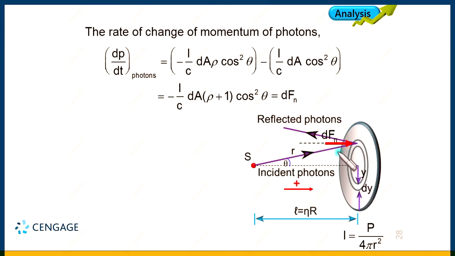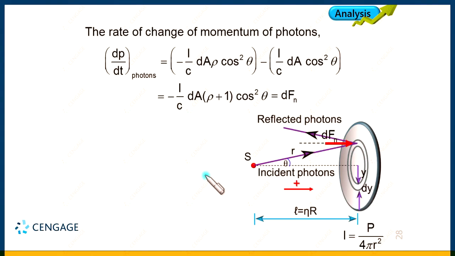Now, this plate is a mirror plate, and it is reflecting 100%, because it is given only that it is a mirror plate. So, here we are considering that the plate is reflecting 100% of the radiation. That means rho should be equal to 1.